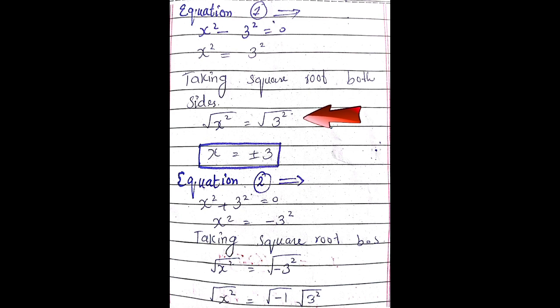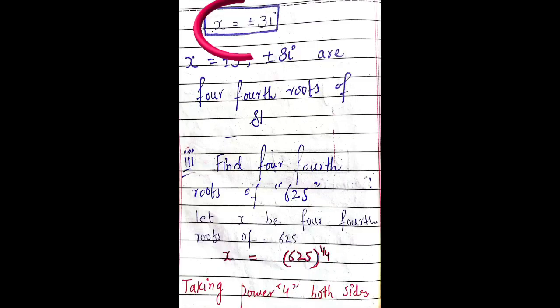It will become x is equal to plus minus 3, that is the roots of equation 1. Next, solve equation 2. It solves the same as equation 1. After simplifying, you will get x is equal to plus minus 3 iota, that is the roots of equation 2. Hence plus minus 3 and plus minus 3 iota are the fourth roots of 81.